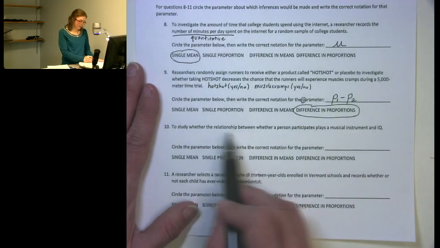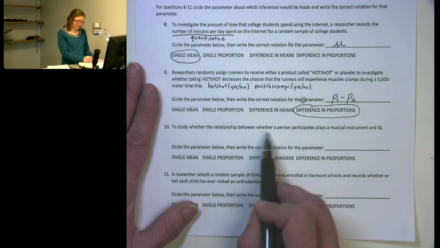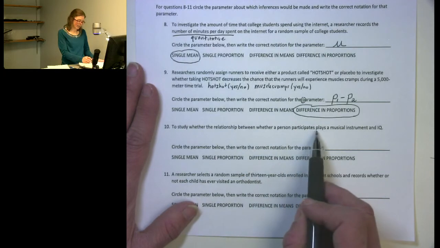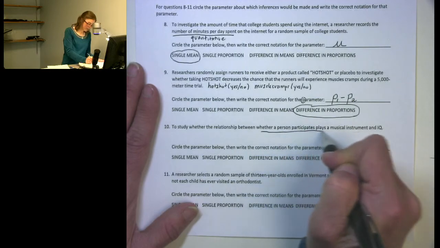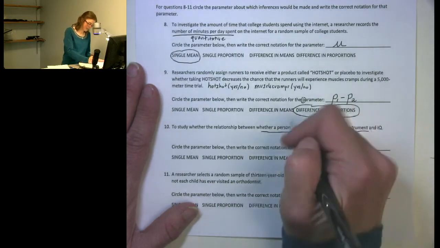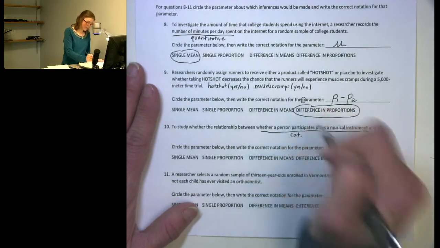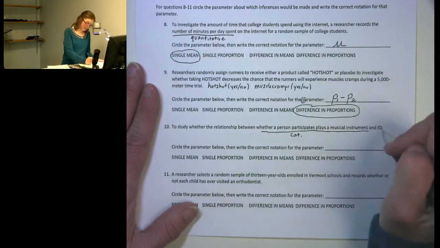Here we're going to be looking at whether there's a relationship between whether a person plays a musical instrument and their IQ. Whether a person plays a musical instrument is a categorical variable, yes or no. And IQ is a quantitative variable.